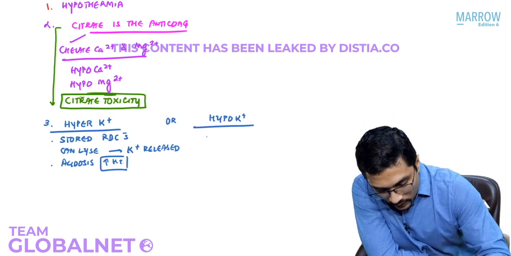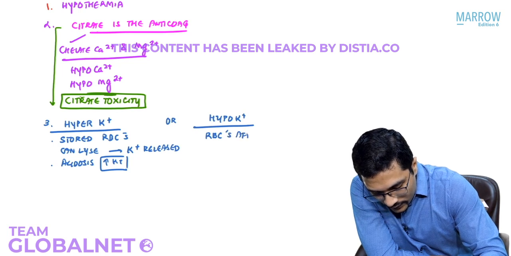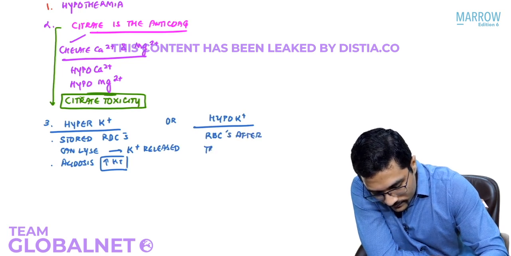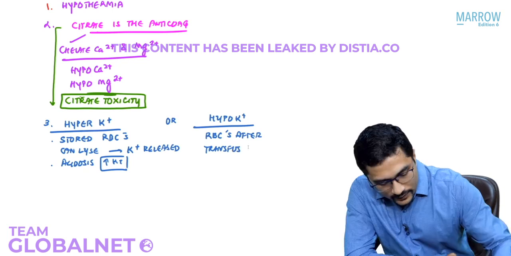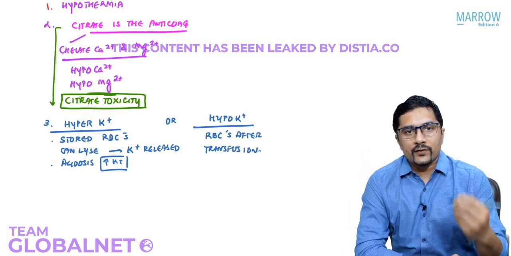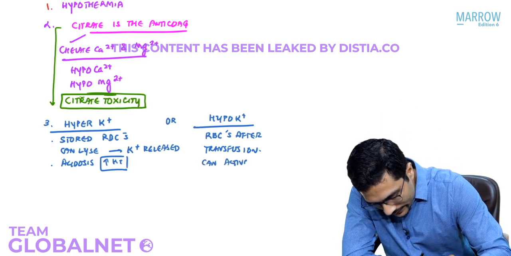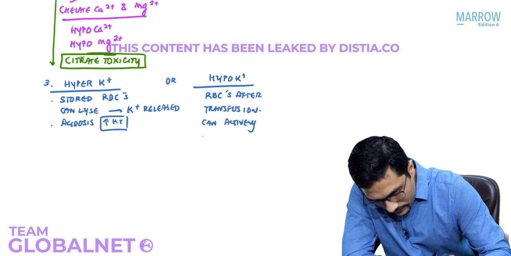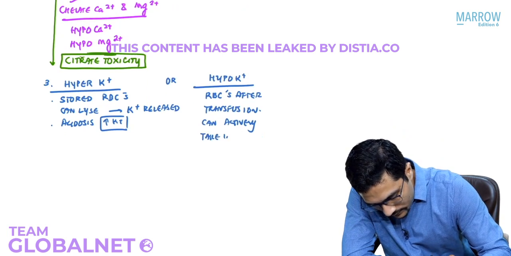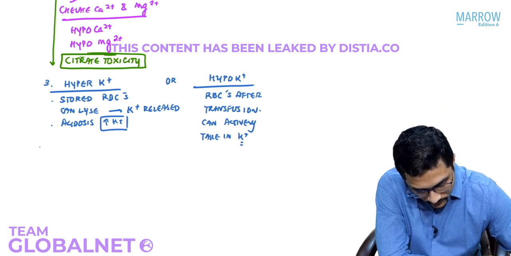Hypokalemia, why? Because the RBCs after transfusion can actively take in potassium, and that can give rise to hypokalemia as well.